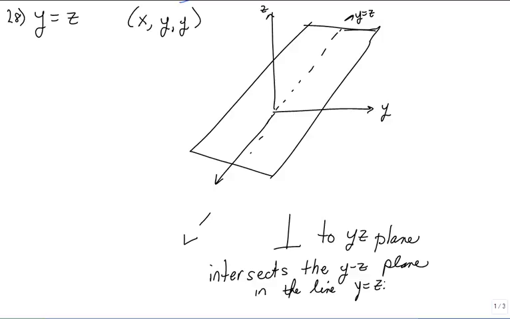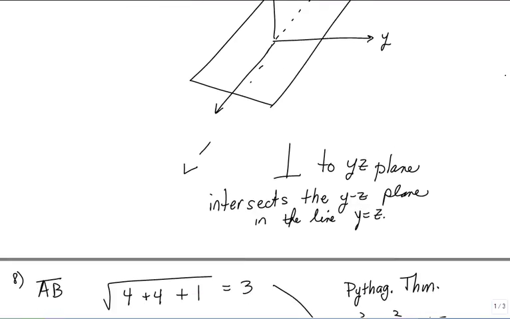Okay, let's try 36. We want the solid rectangular box in the first octant bounded by the planes x equals 1, y equals 2, z equals 3.